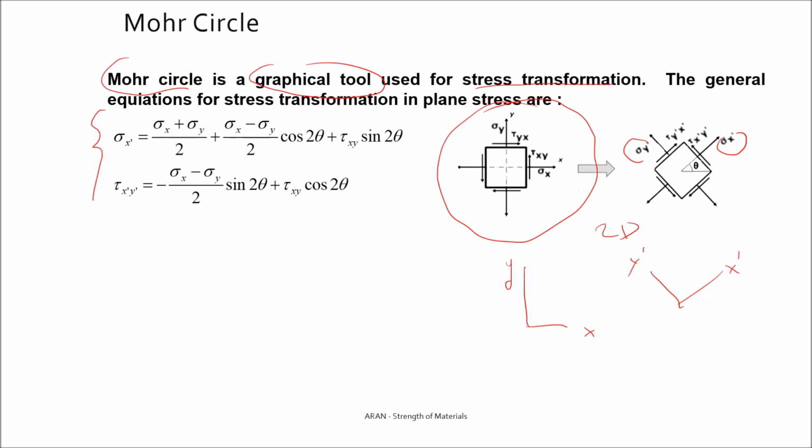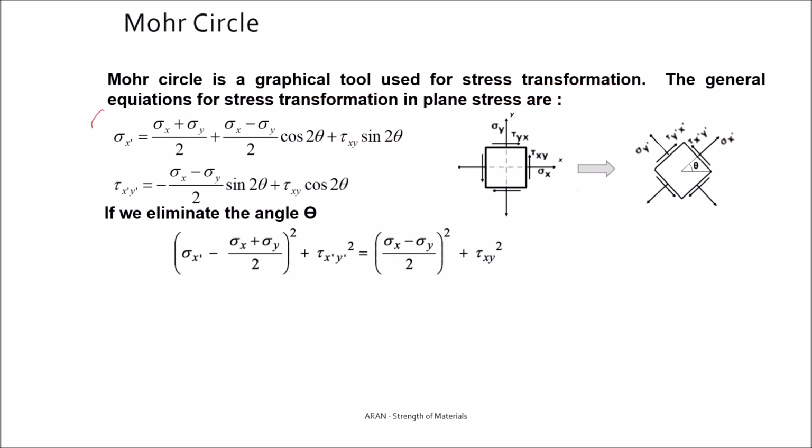For this, we use in the two-dimensional case these two equations. So sigma x, sigma y, and tau xy are given, and theta is the angle in which we are interested, so we use these formulas.